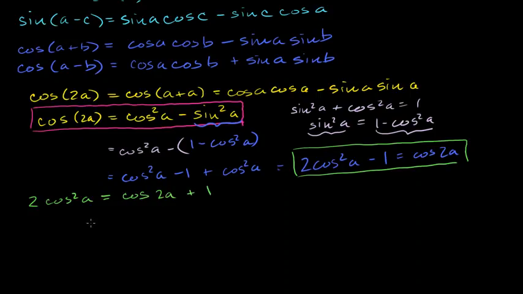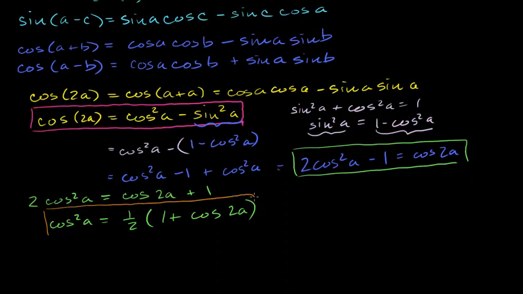And if we divide both sides by 2, we get the cosine squared of a is equal to 1/2 times 1 plus the cosine of 2a. And we're done. And we have another identity, cosine squared of a. Sometimes it's called the power reduction identity.